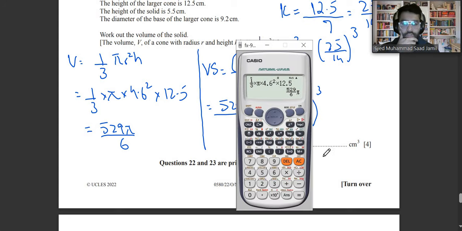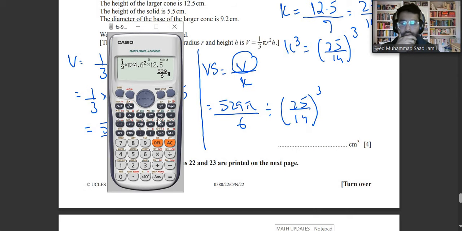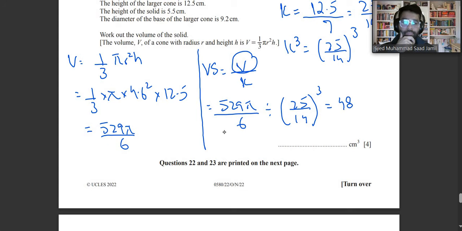Okay, so this is our answer: divided by 25 over 14 cubed, it's 48.64. Okay, this is not your answer.